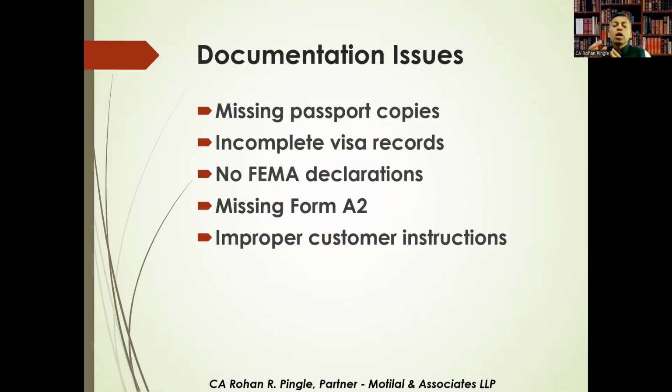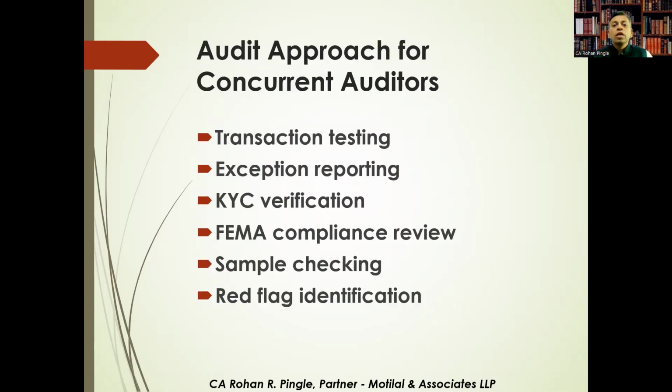Audit approach for concurrent auditors: one should adopt a risk-based audit approach while auditing Forex and NRI operations. The audit process should include review of branch Forex authorizations, verification of delegated powers, sample testing of remittances, KYC and customer due diligence review, verification of supporting documentation, examination of suspicious patterns, review of exception reports, and review of overdue compliance items.